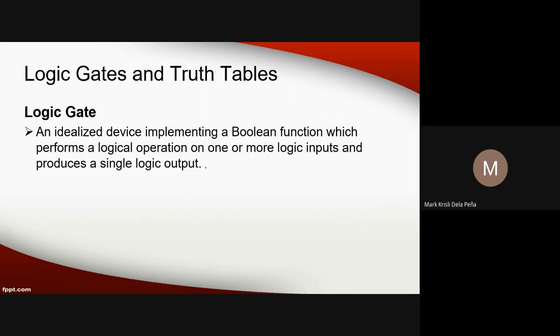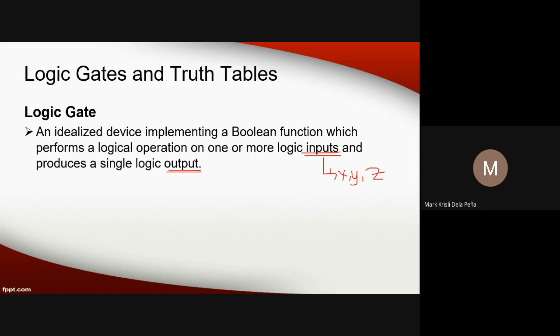It could have one input for negation, or it could have two or more inputs. When we say inputs, these are the variables that we are using. So this can be X or Y or Z or any other variable. The variables are our inputs and it produces a single output of our gate.